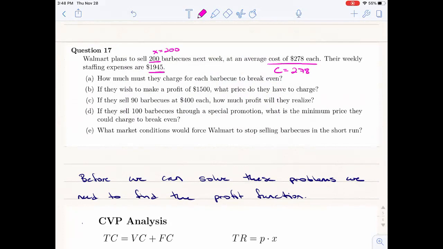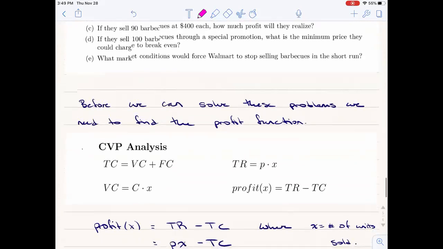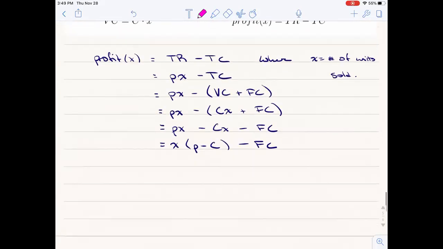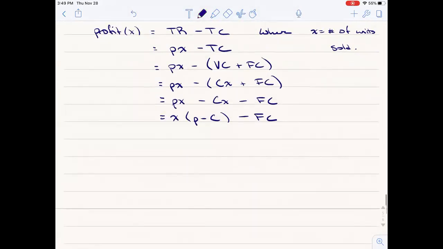And our fixed cost is going to be the same, $1945. So we can plug these values in and say, okay, well, my X is 200 times P. Actually, I'm going to put this on a new line.